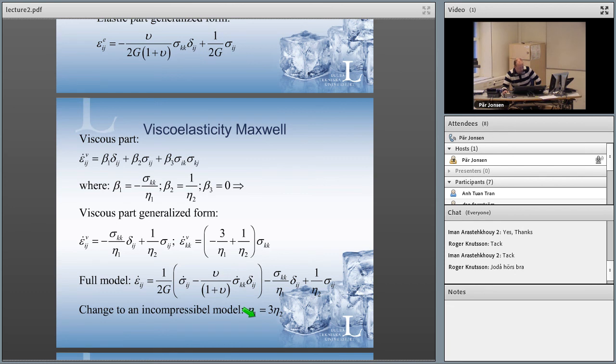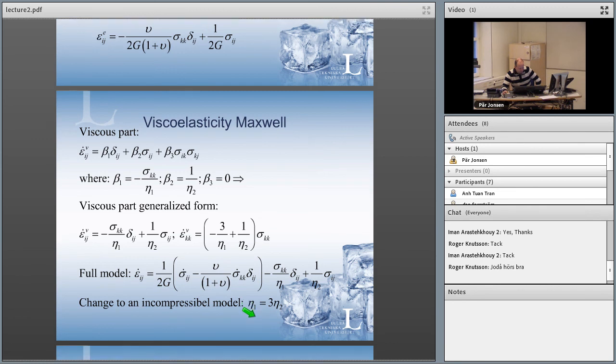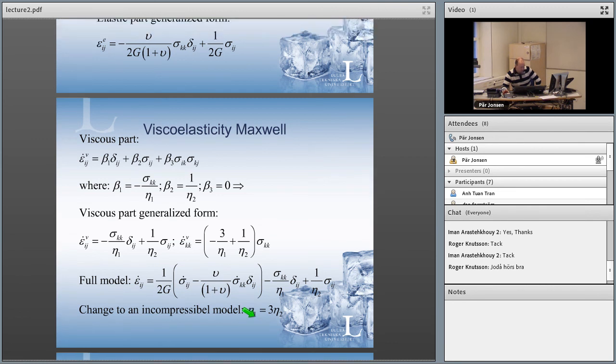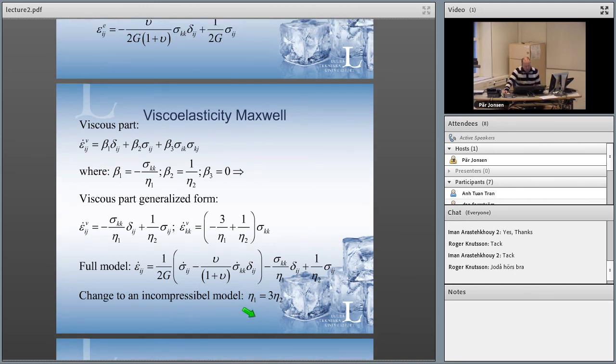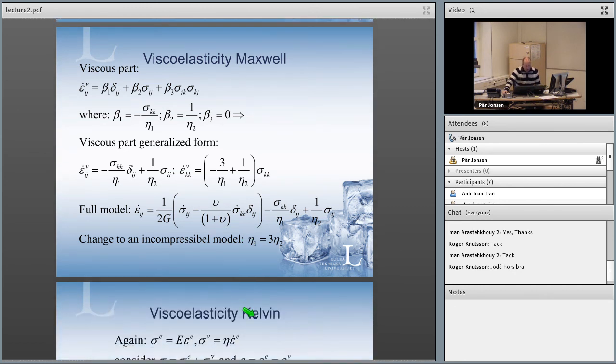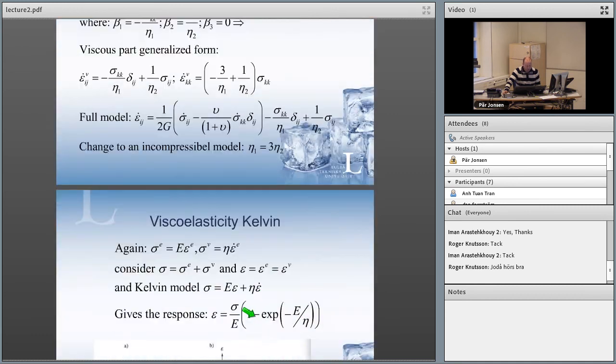Then you will have an incompressible model. So this is how we can more generalize this one-dimensional model that you have into a full tensor model, by putting these indices on and putting on tensor relations instead of just using one-dimensional things.